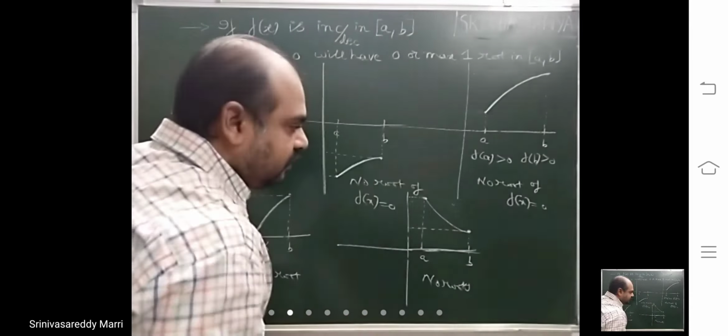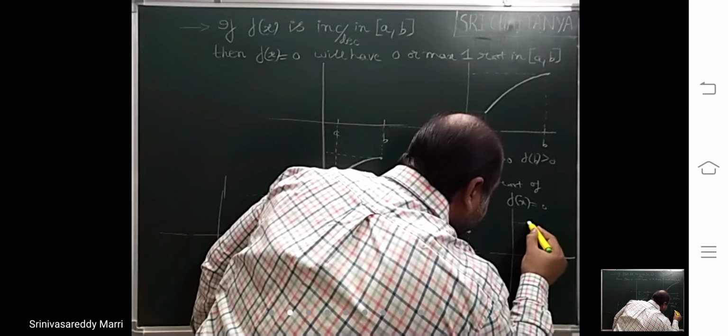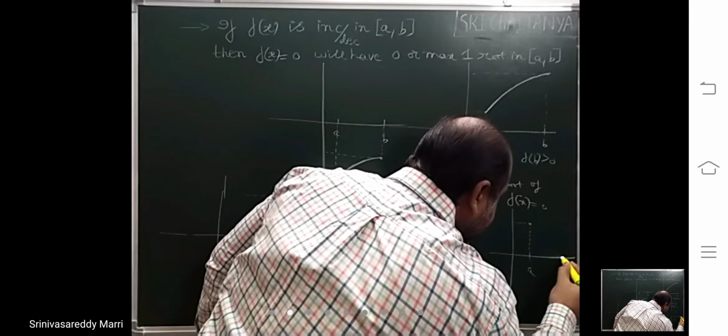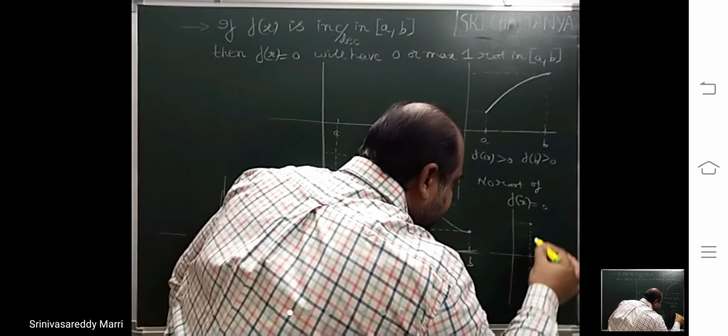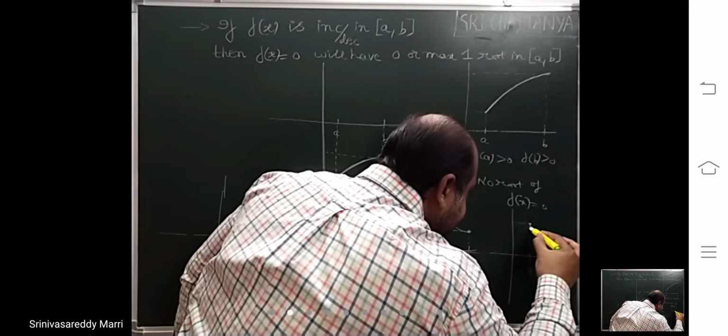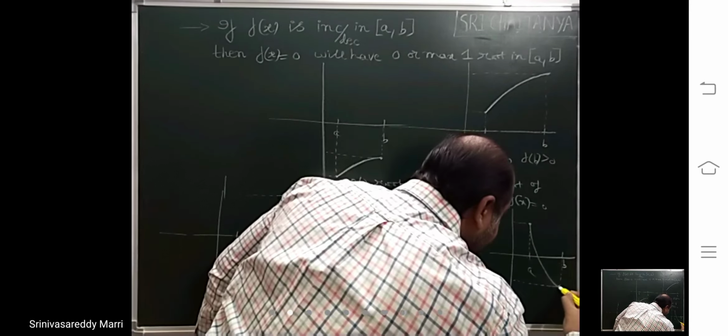Suppose graph is like this. Look at whatever I am drawing. F of a positive, f of a positive here, f of b negative. This is the graph. Suppose a to be decreasing, how the graph will be. Look at how many times graph cuts x-axis, one time. That is called root.